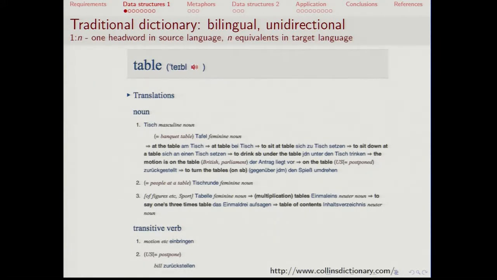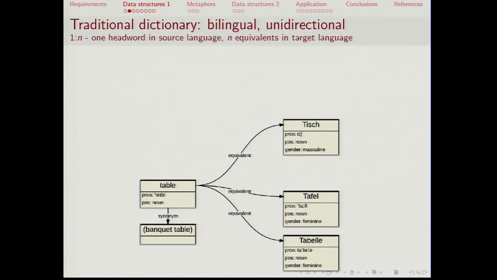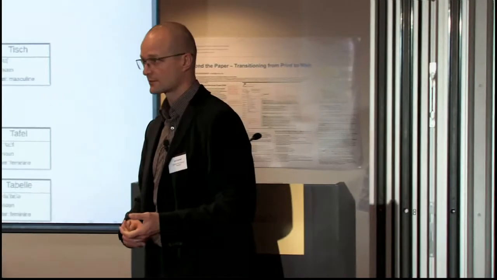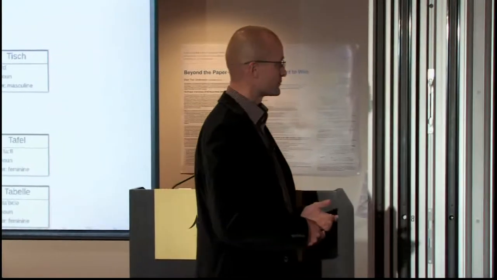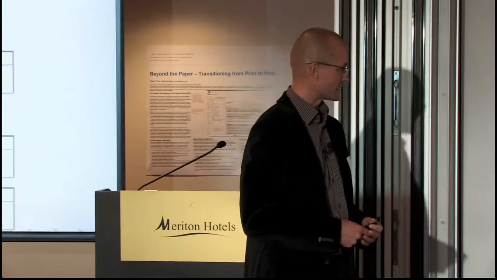If we tried to write down or draw the data structure of this dictionary article, it might look something like this. There is the entry for table and all of its properties, like pronunciation, part of speech, and whatever the dictionary compiler has wanted to put in there.